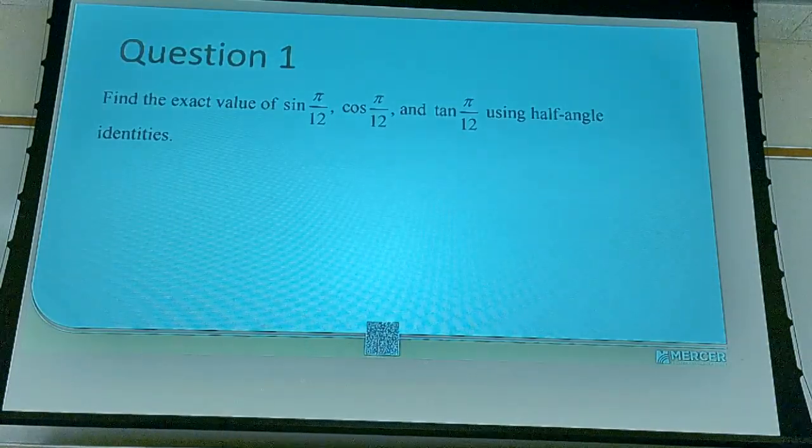Now, last time we did these, right? But we used the sum and difference identities.